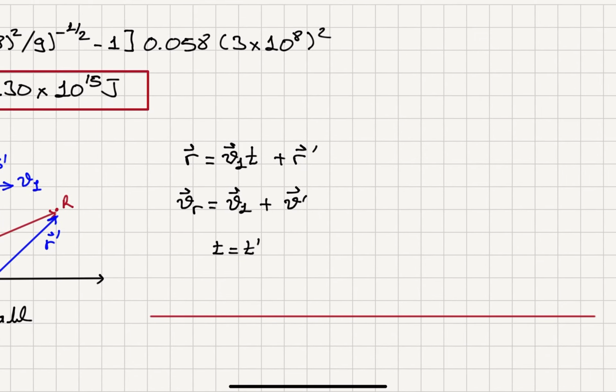So this tells us that v prime, the velocity reported by the ball reference frame, is the velocity reported by Einstein and Lorentz minus v1.